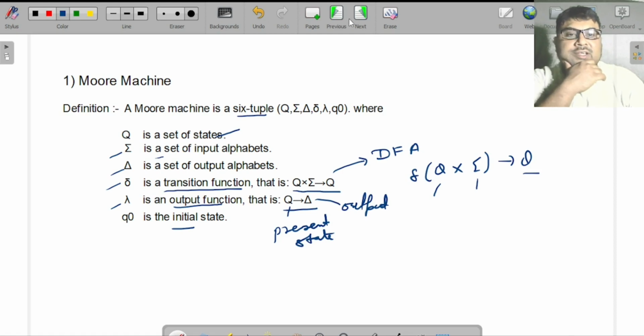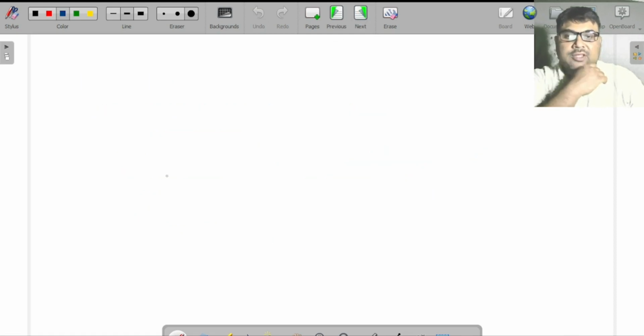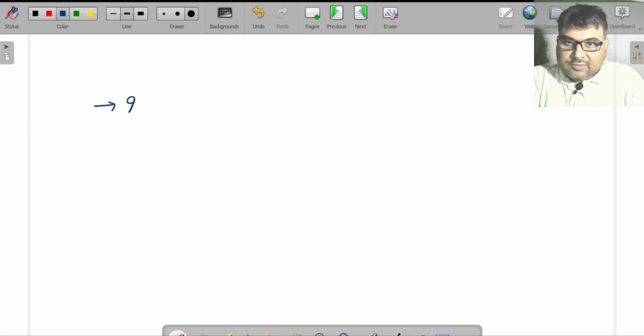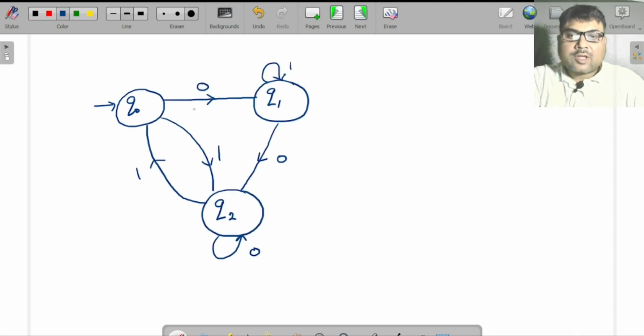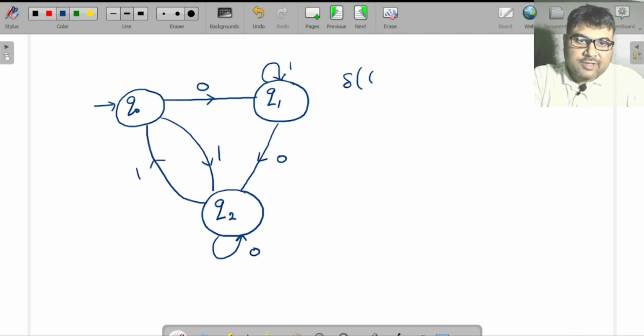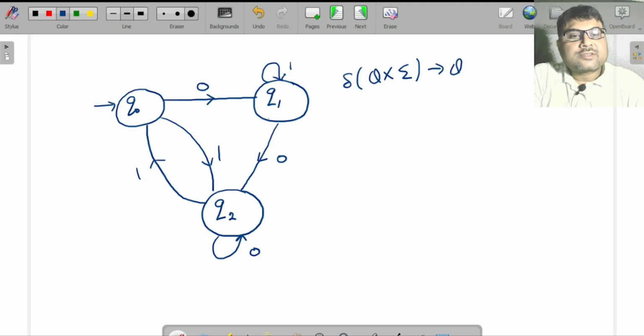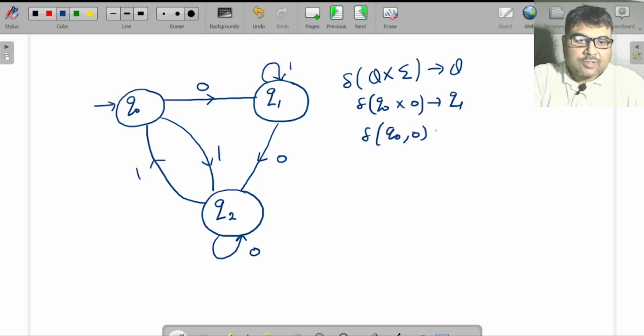Let's study this in more detail. Take an example. Say you are in state Q naught. The transition is from Q cross input to some state Q. For example, Q naught cross 0 reaches some state Q1, so I write delta of Q naught comma 0 is Q1.